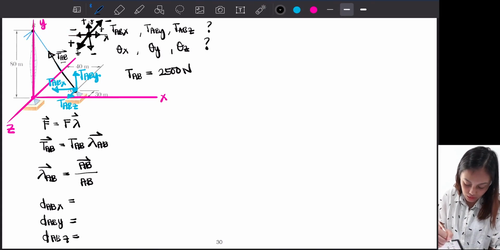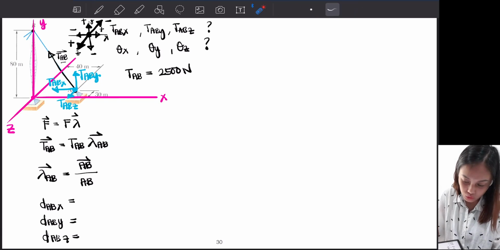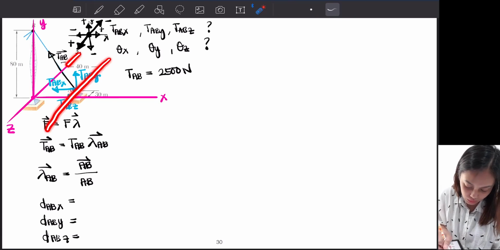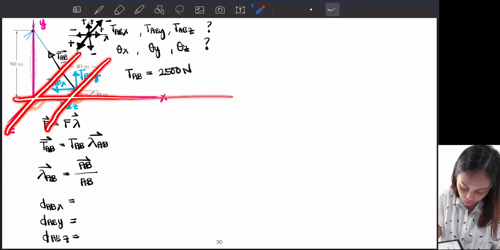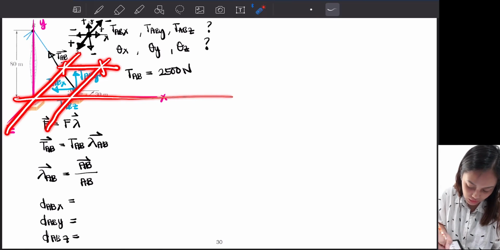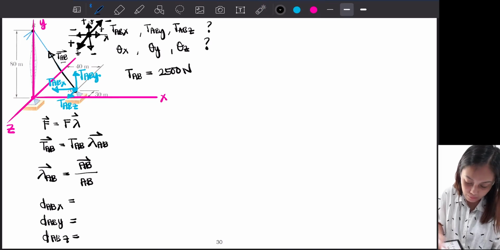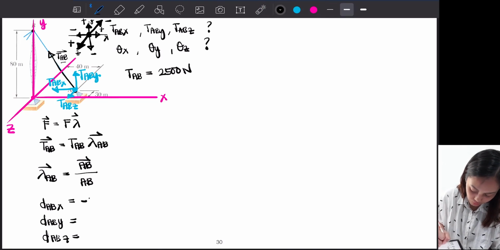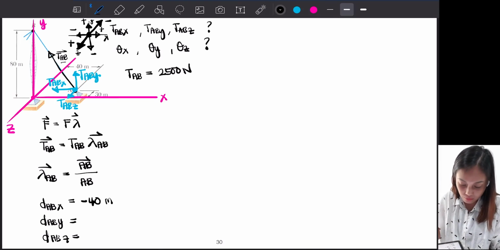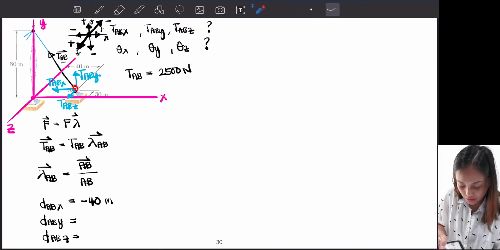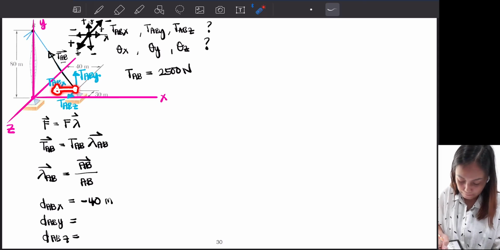So our DABx, the distance from A to B along x-axis, is 40 meters. Negative 40 meters, because again it is pointing to the left.